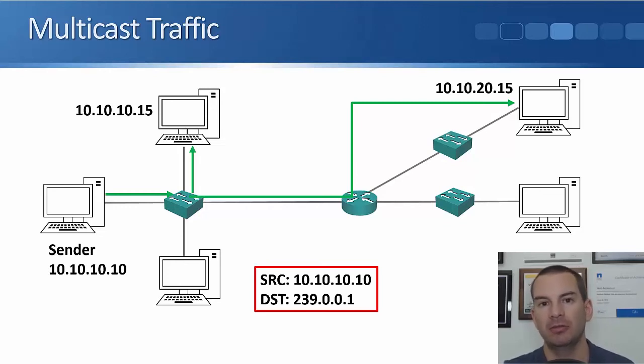Now, a good analogy of this is you can think of it like tuning into a radio station. So on most hosts, 10.10.10.15 and 10.10.20.15, they ran an application on there that said they wanted to receive the stream for 239.0.0.1. Now, as long as you've configured support for this on your routers, that traffic will get forwarded to all of the hosts that are interested in receiving it.